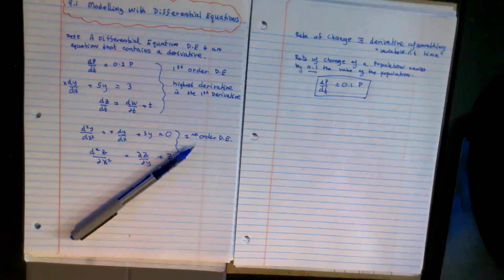So let's have a look at some of the homework questions. It's much easier, I think, when you can see ones, especially the way they end up writing them in the WebAssign for us to do that.